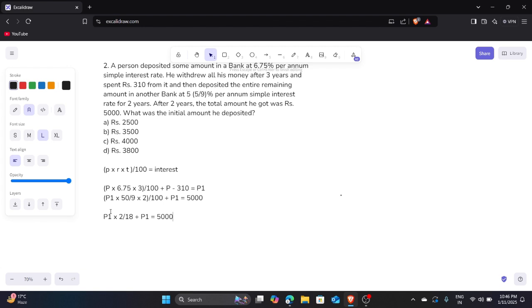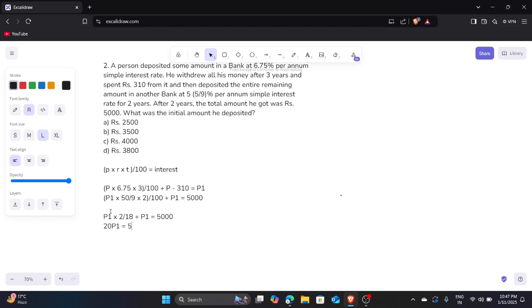From here we get the value of P1. It could be 2P1 by 18, so 18 plus 2 is 20, P1.